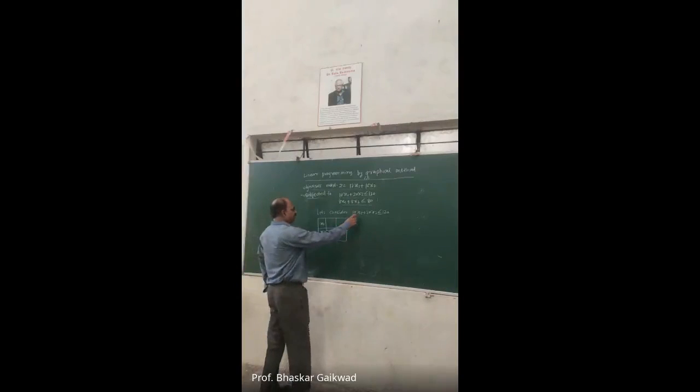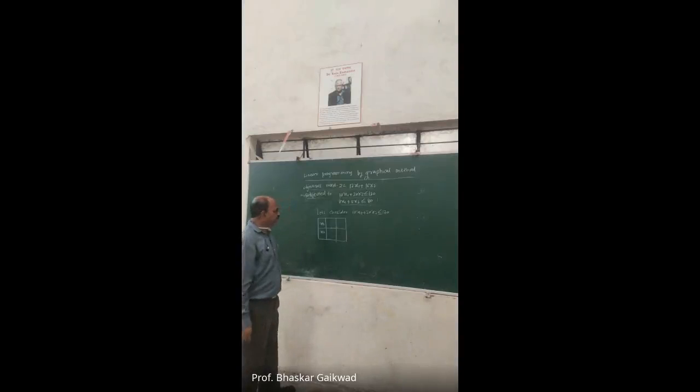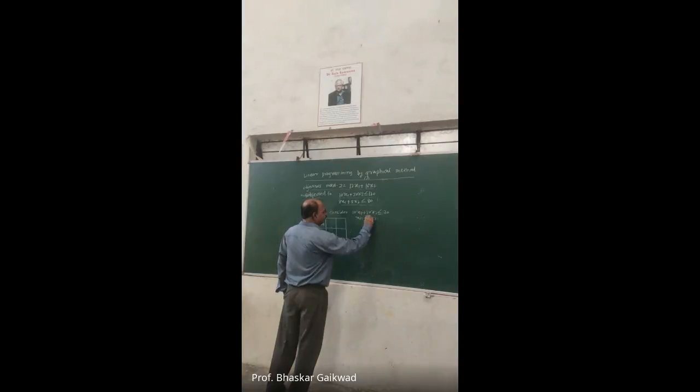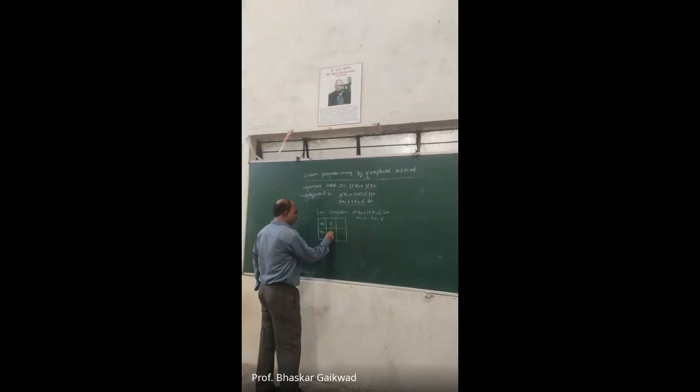So in this equation, when x1 is equal to 0, what should be x2? Suppose x1 is 0, then what is x2? x2 should be 6. So here it is 0 and here is 6.